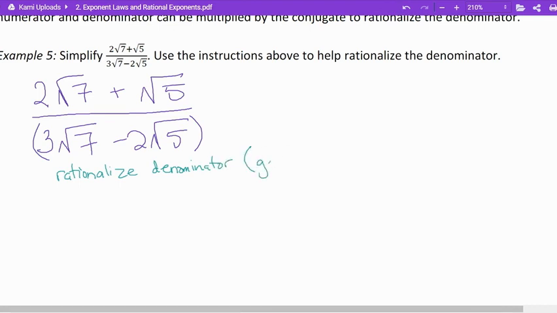And in brackets, I'm going to say get rid of square roots. You don't have to write this down if you don't want to, but sometimes words are helpful. By multiplying numerator and denominator.